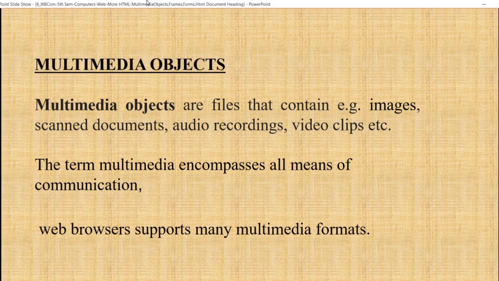The web browser supports many multimedia formats. Multimedia can be almost anything you can hear or see, like text, pictures, music, sound, videos, records, films, animations, and more. All these come under multimedia objects.